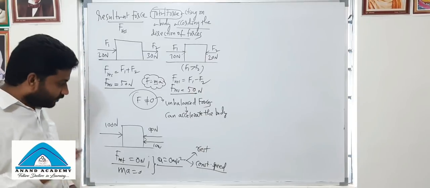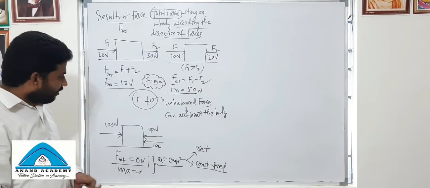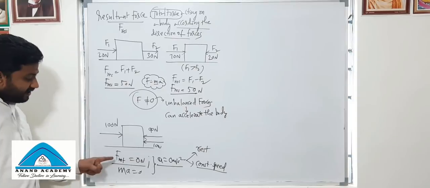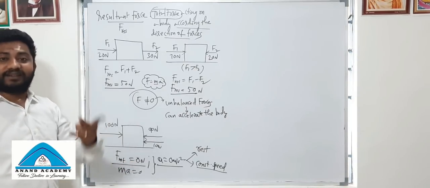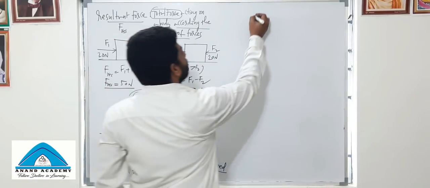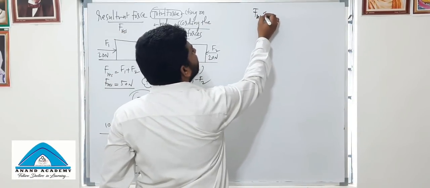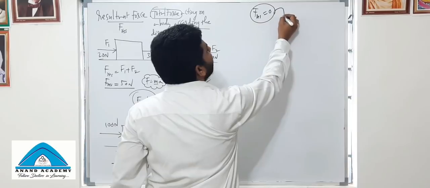Constant speed. So what I am going to tell you is, when net force acting on a body is 0, it can have two states. When resultant force acting on a body is 0, it can have two states.